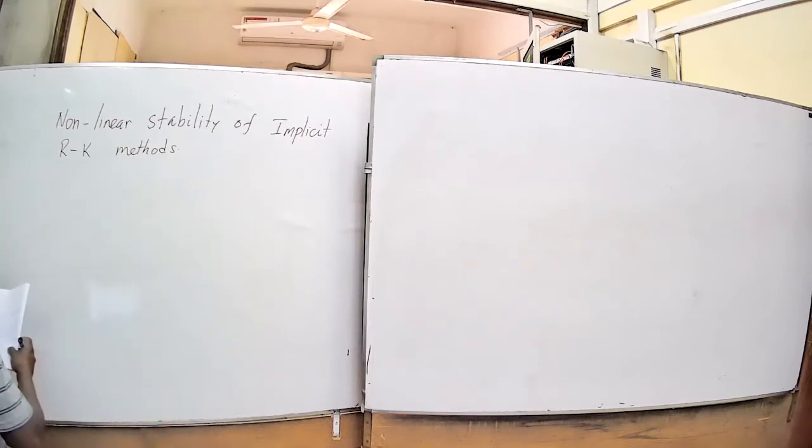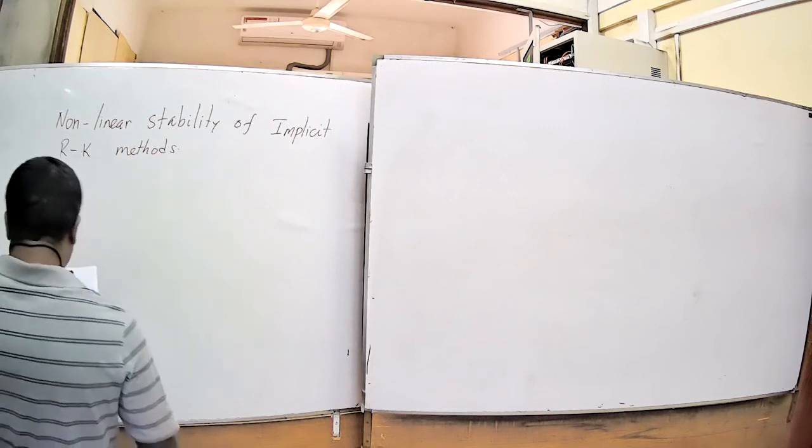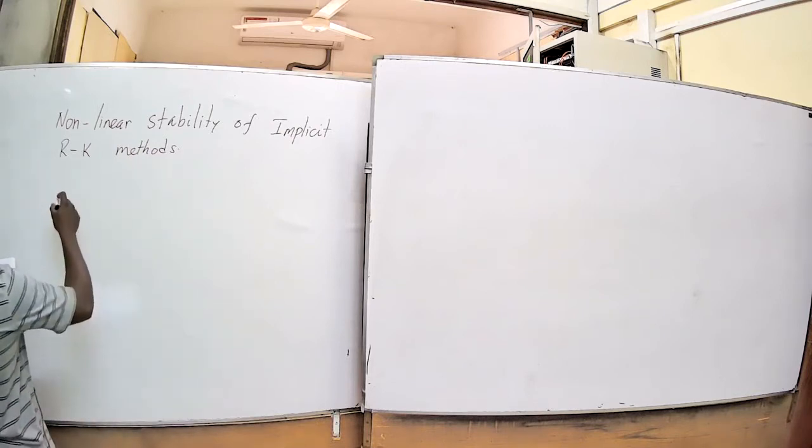We are going to define a new term called B stability. So let us define it first.